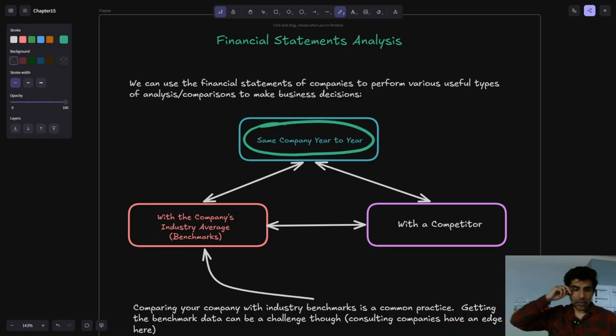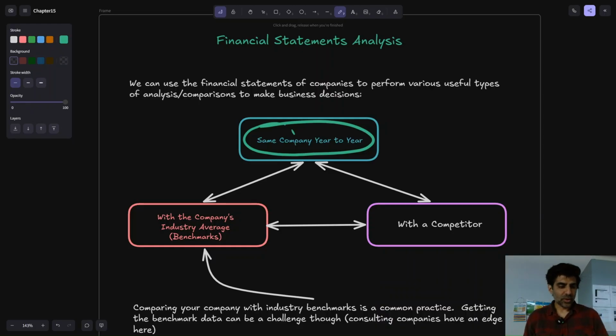And you saw a lot of the financial statements from companies that we've been looking at, they usually present at least 2 years, okay? Sometimes more, sometimes 3 or 4. But that is to facilitate this exercise of comparing the company to itself over time.